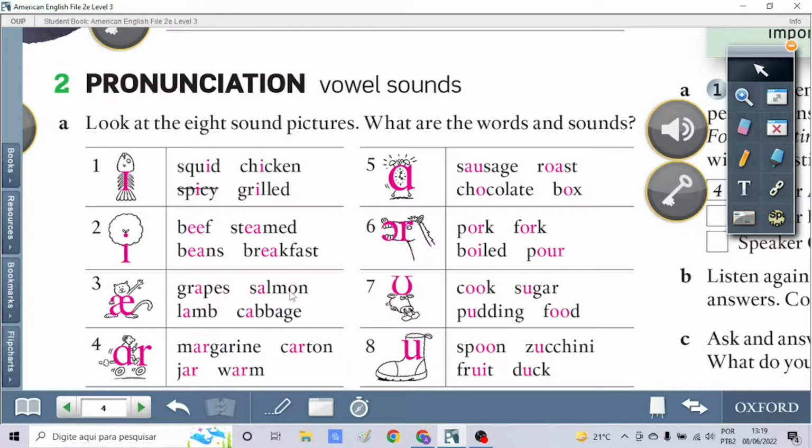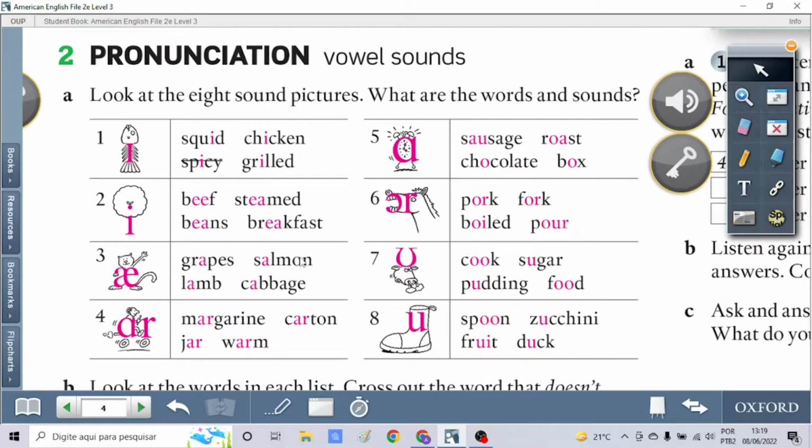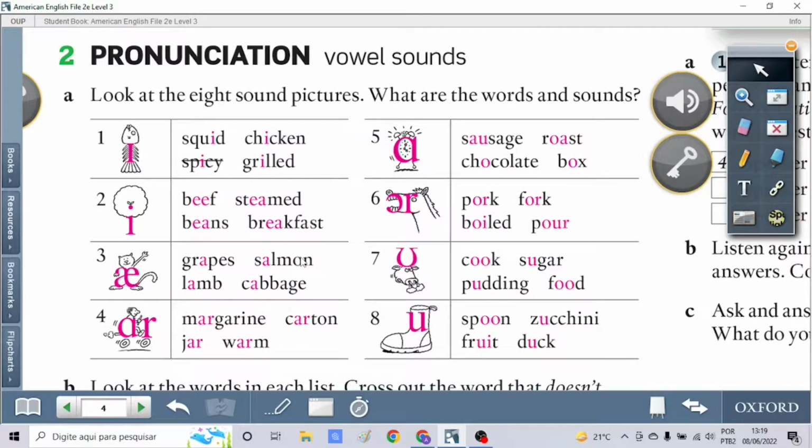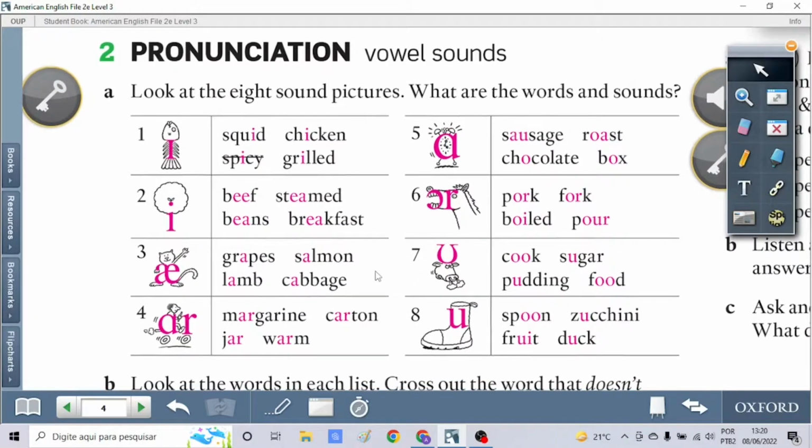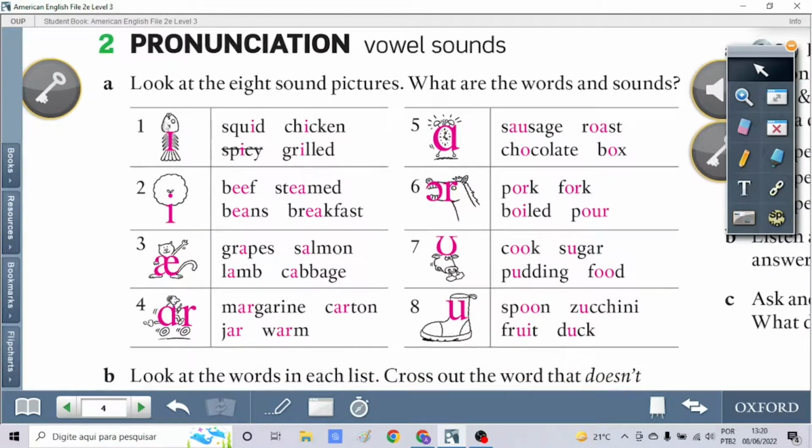In this pronunciation activity, we're going to practice the vowel sounds. Look at the 8 sound pictures. What are the words and the sounds? Do you remember? We have here in number 1, the I sound as in fish, the short I sound.